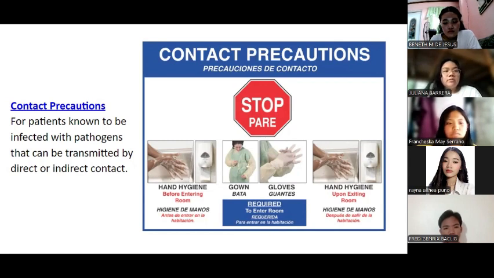Contact transmission is the most frequent mode of transmission of HAIs or yung health care associated infections. Contact precautions are used for patients known or suspected to be infected with pathogens that can be transmitted by direct or indirect contact.